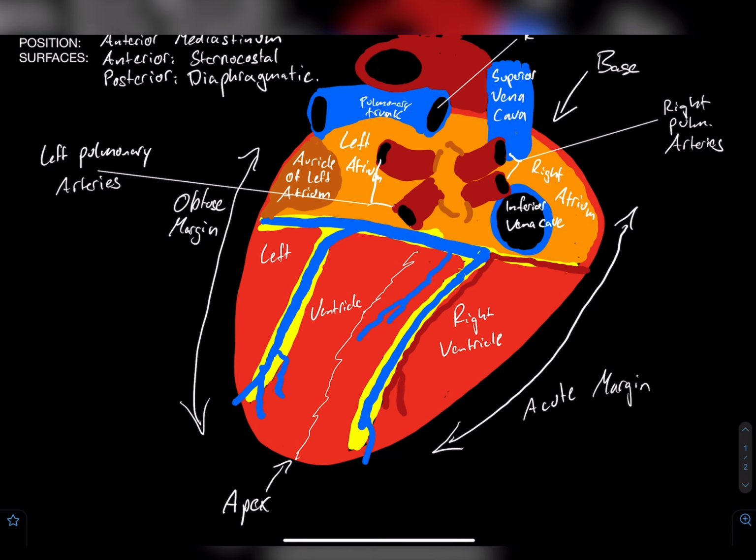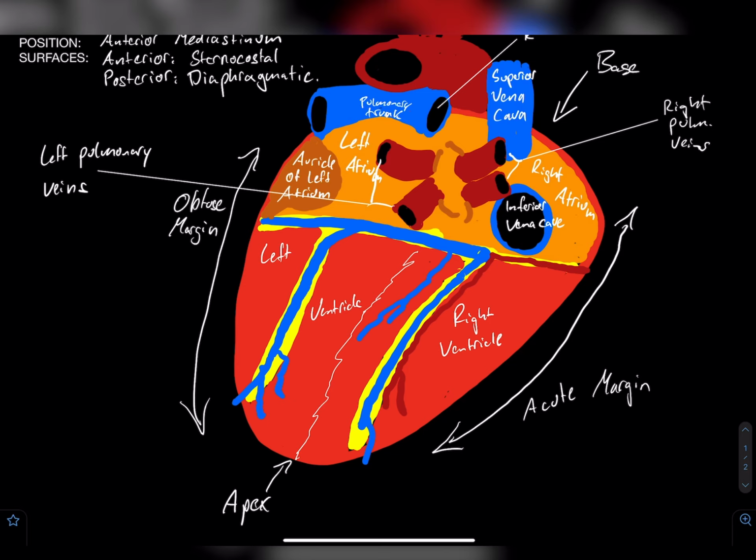Sorry, I made a big mistake, a rookie mistake actually. Those are not the arteries. Hopefully you already noticed. If you did, then I did a good job in the last tutorials. If not, then I'm sorry. Those are the left pulmonary veins and the right pulmonary veins.